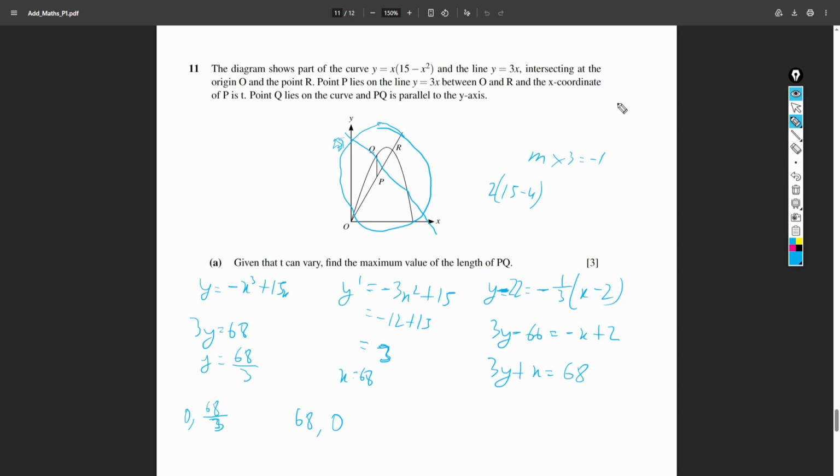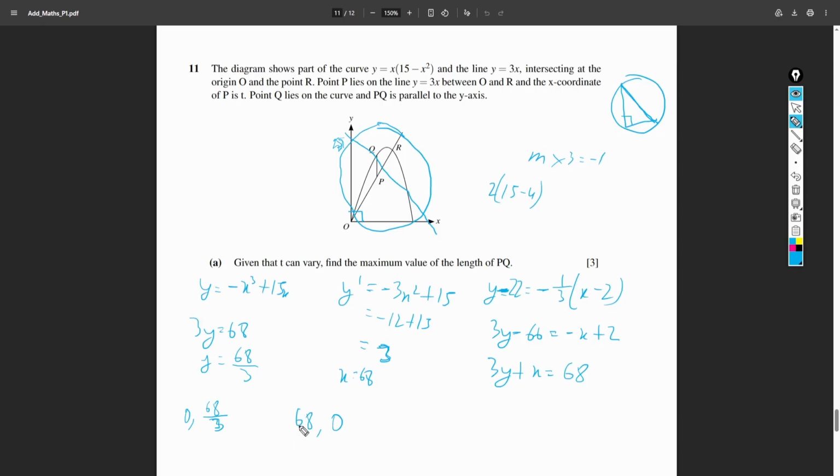How do we know this? It is not a chord, because for a circle, if we have a line like this and it creates a right angle triangle, that is only possible for the diameter. And how do we know it is a right angle triangle? Because this is a right angle triangle, formed by the circle. The only way that's possible is if this line is the diameter. So since this is the diameter, the center must be the midpoint.